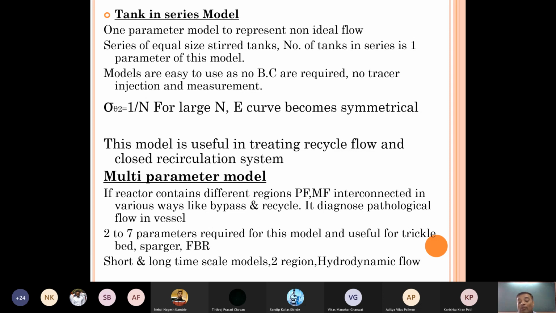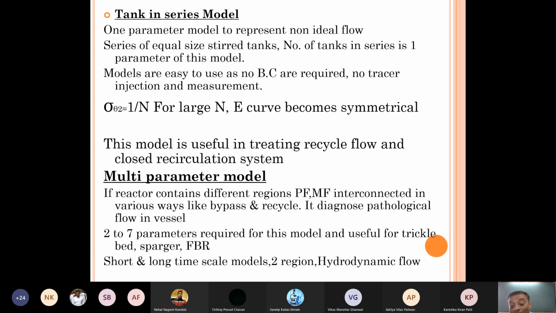आता तुम्हाला बऱ्याच वेळा विचारतात की compare this model with previous model. Which one is better? Generally for plug flow, पहिला point. Generally for plug flow, dispersion model. For mixed flow, Tanks in series model. Second point, dispersion model is complicated. Tanks in series model is simple to use.